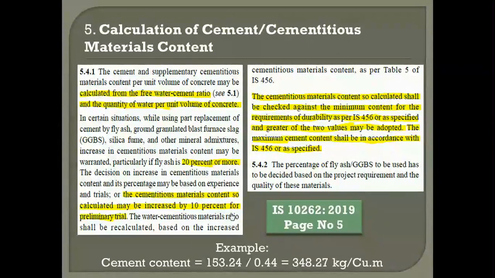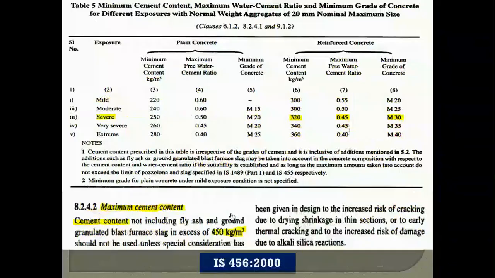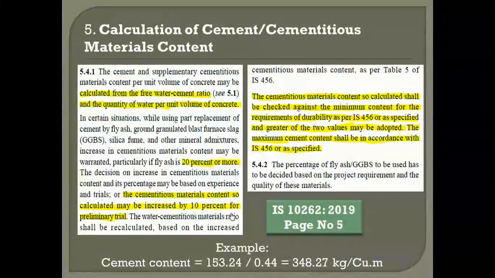Next, after finding the cement content, it has to be checked with the IS 456 code to know the durability aspects. I have the IS code in the next slide, and I have highlighted it. For severe condition, if you are going for reinforced concrete, the minimum cement content should be 320, so it should not be less than 320.